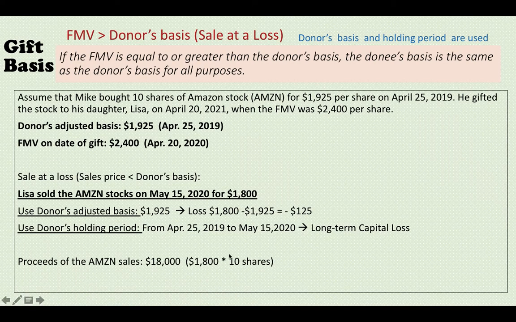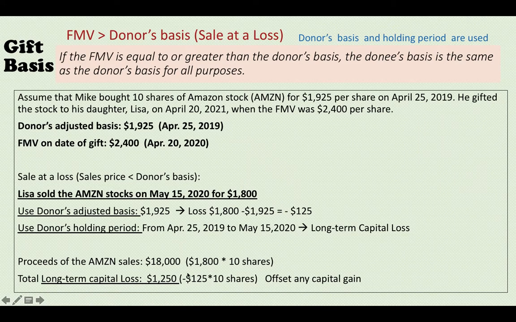The proceeds Lisa received are $18,000 for 10 shares. So the total long-term capital loss would be 1,250 for 10 shares.